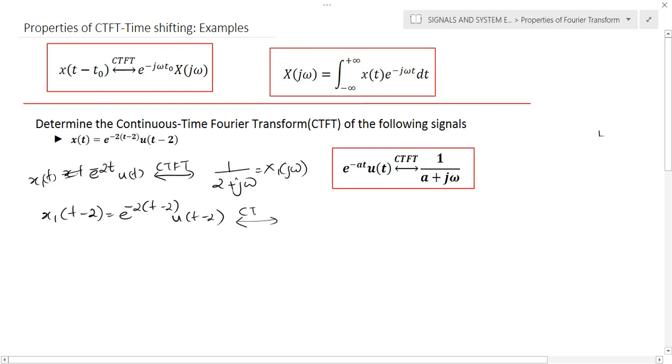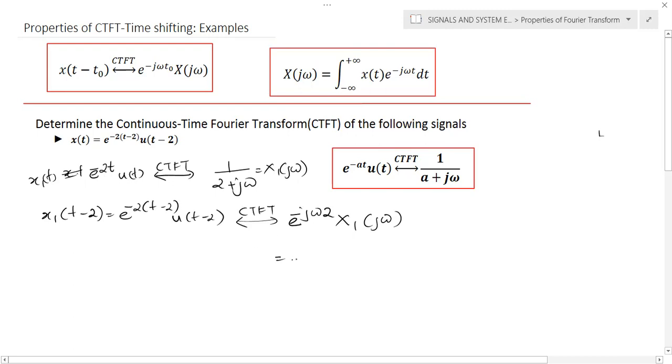And the continuous time Fourier transform of the signal, by using the property, we know that it's simply e raised to minus j omega, where the shift is 2, so you can write 2, into the previous transform, that is x1 of j omega, of the signal e raised to minus 2t into u of t.